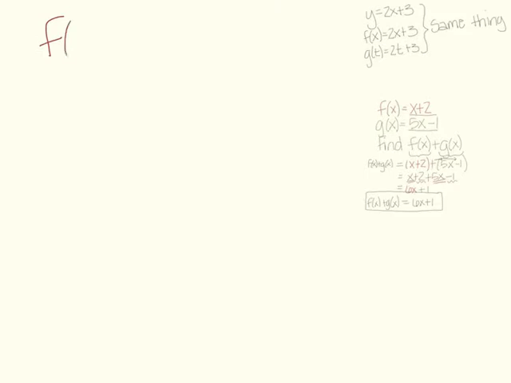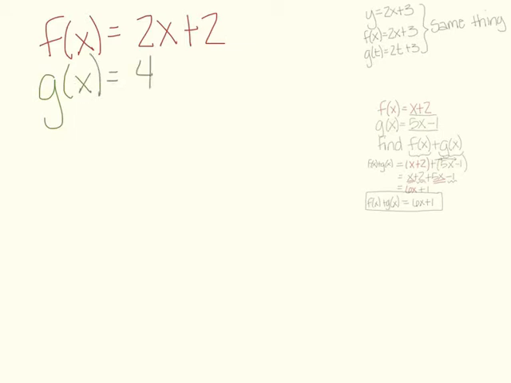So we have f of x equals 2x plus 2 and g of x equals 4x minus 1. And we are asked to find g of x minus f of x.